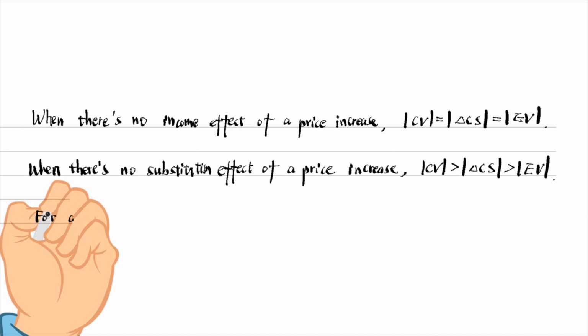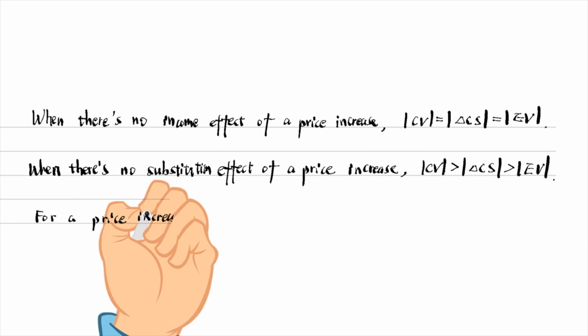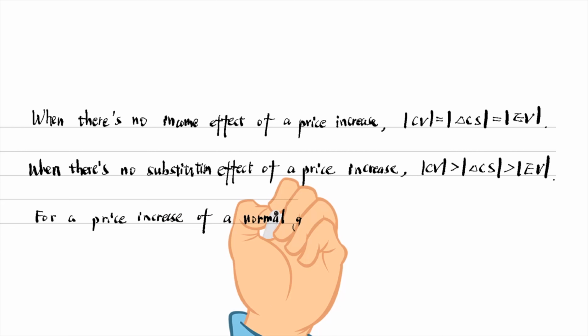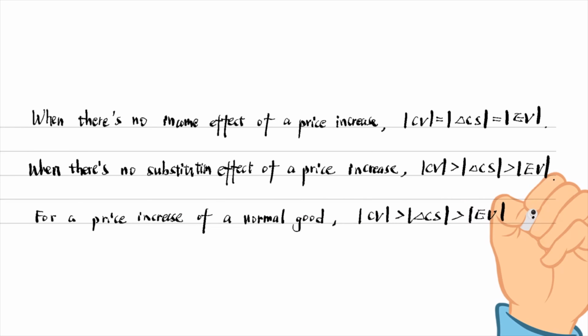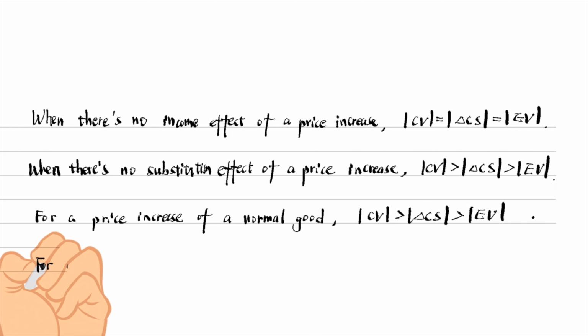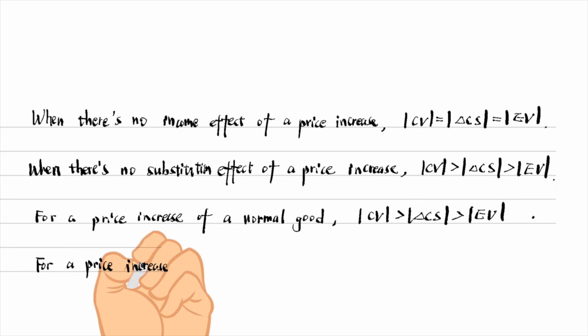For a price increase of a normal good, the size of CV is larger than the change in CS, which is larger than the size of EV. For a price increase of an inferior good, the opposite order holds.